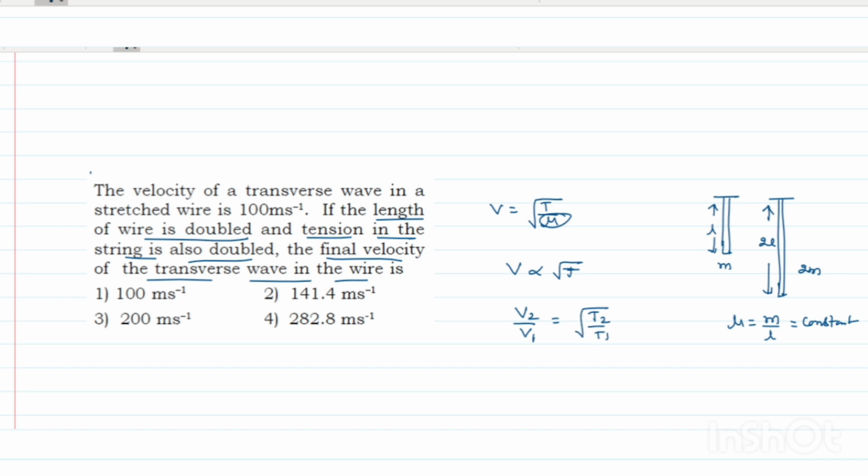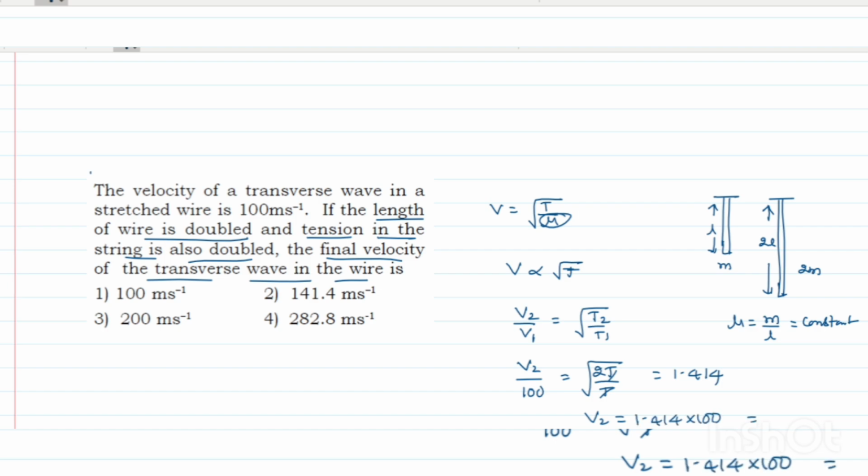The tension is doubled, so v2 by the initial velocity of 100 equals root of 2T by T, which is 1.414. Then v2 equals 1.414 into 100, which is 141.4 meter per second. This is the correct answer.